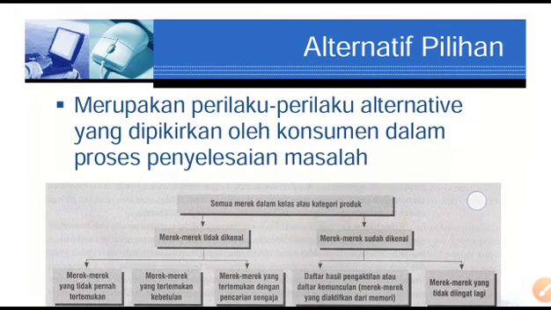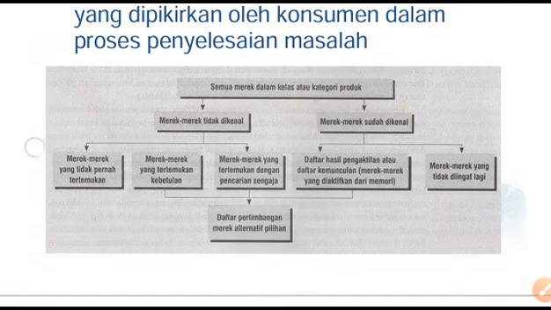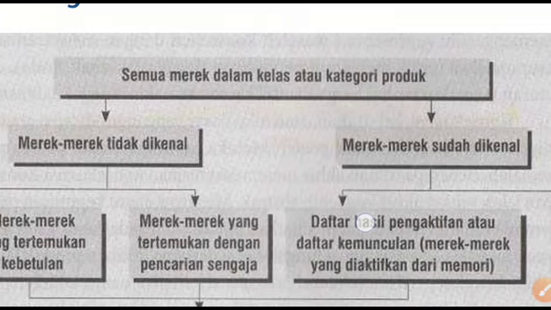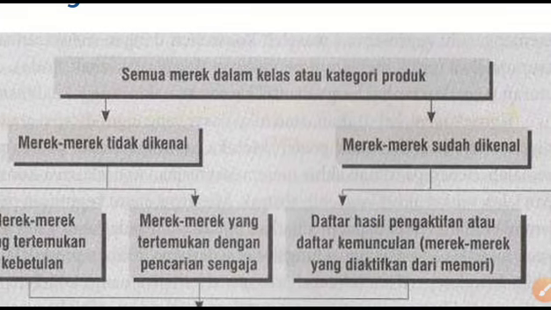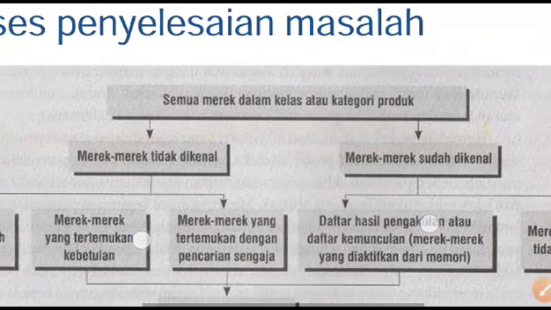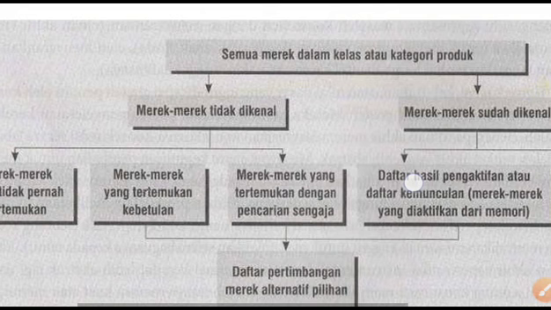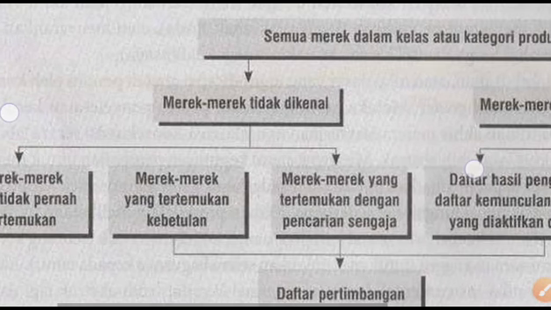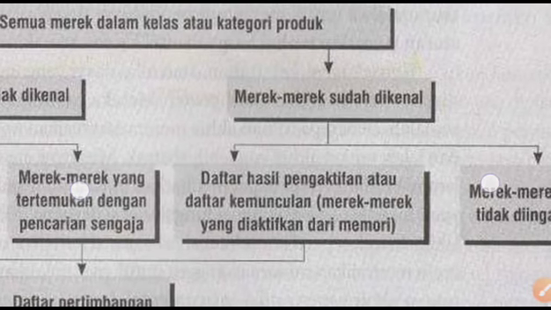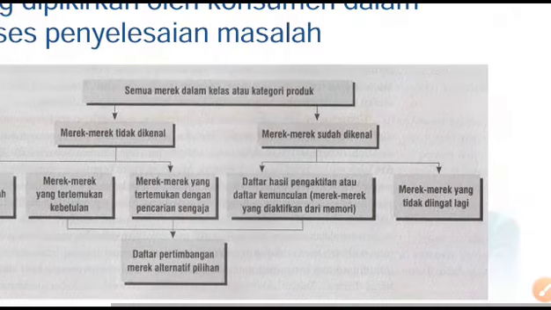Alternative choice. This behavior, the alternative, is always thought about by the consumer on how to resolve the problem, ya. So the consumer will know much about the brand, level, and product category. And then the consumer knows about the quality of the product and brand.